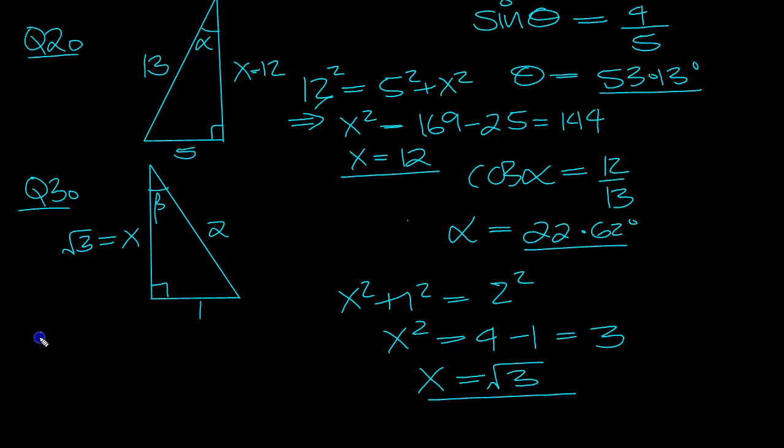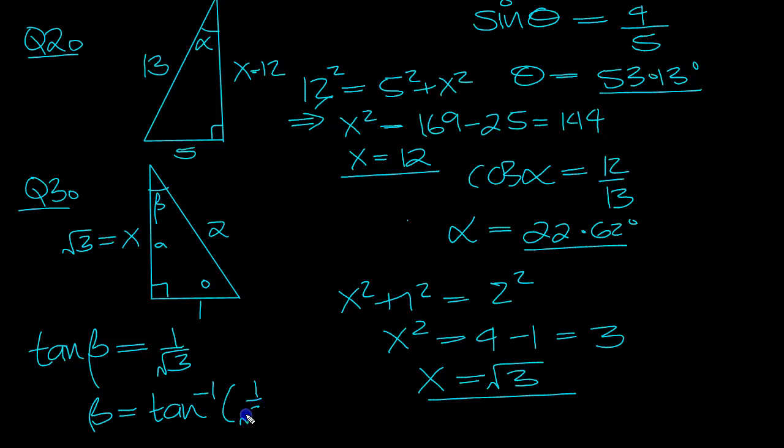And let's use tan this time, shall we? Tan of beta then. That's the symbol for alpha, this is the symbol for beta. Tan is opposite, so SOHCAHTOA, opposite over adjacent. There's the opposite, the angle, there's the adjacent, 1 over root 3. So beta then, shift tan of 1 over root 3.